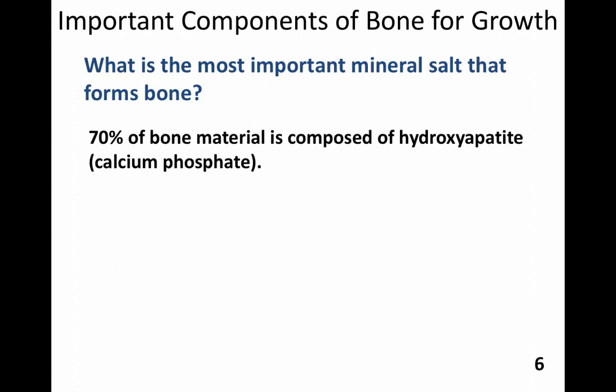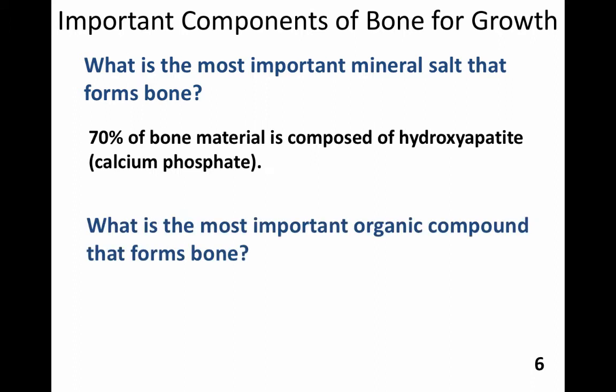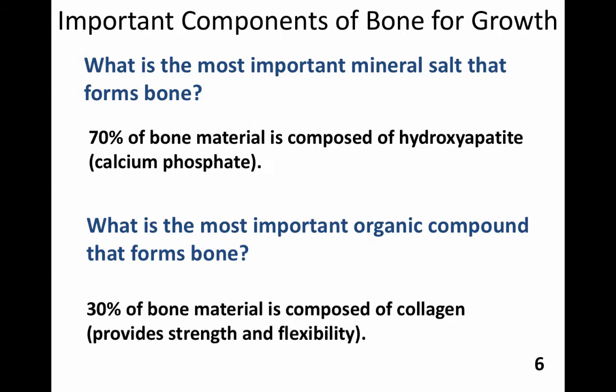About 70% of the bone material is composed of this. And when we're talking about the most important organic compound that forms bone, what's going to provide strength and flexibility in our bone? The rest of what we have in bone is collagen. And collagen is important there to help with strength and flexibility within the bone.